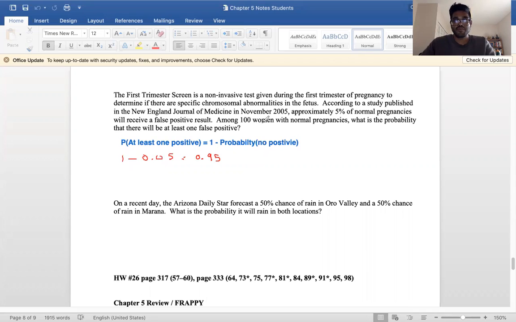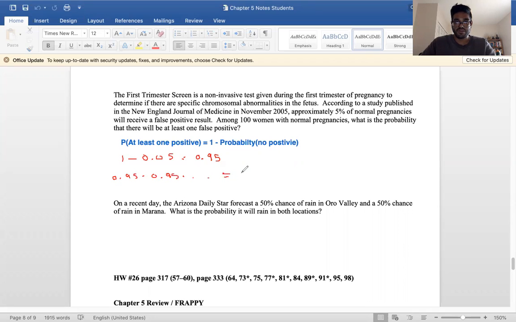Okay. And it's pretty fair to assume that these are independent trials, right? Because I don't think pregnancies are going to be impacted by one another. So we can assume that these are independent. And so when we have 100 women, we can do this 0.95 times 0.95. We're going to start multiplying these probabilities together. We do this 100 times, right? Dot, dot, dot. And this is the same thing.